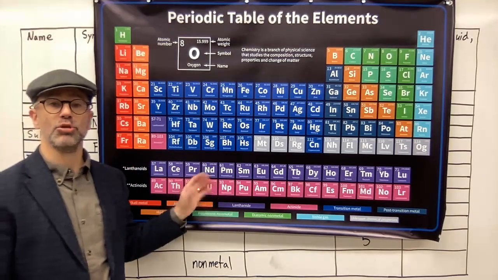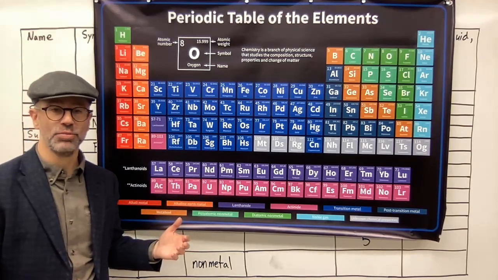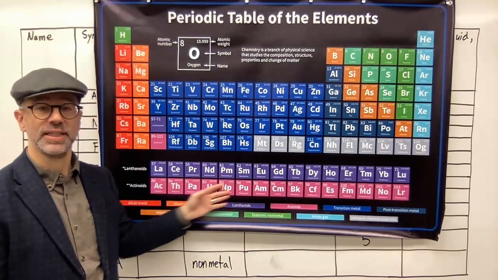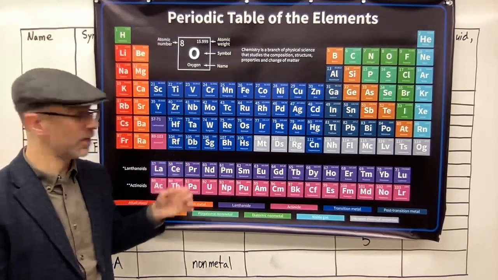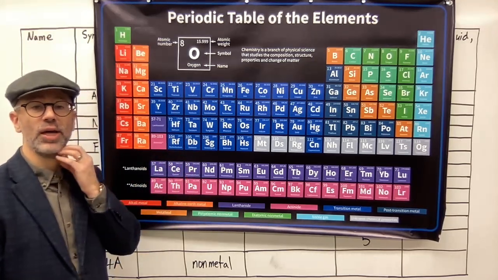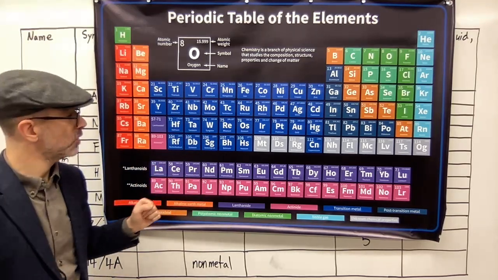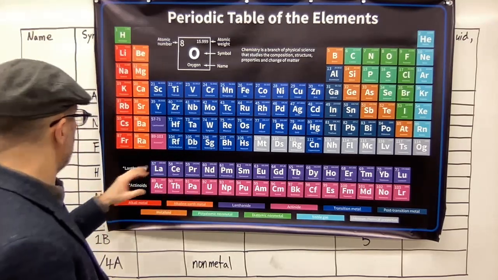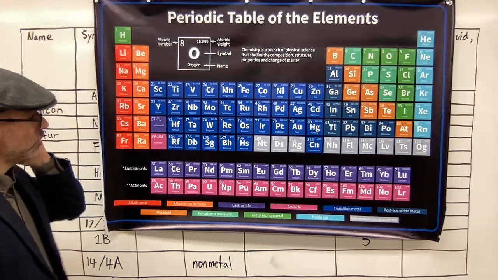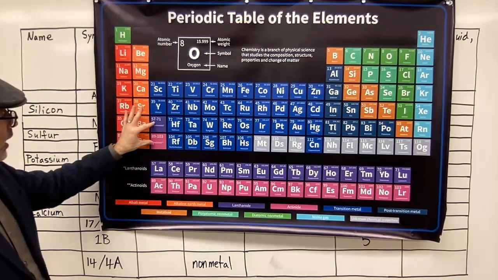Now, when it comes to group numbers, these do not have an assigned group number. So in the table, if it asks you for a group number of these, there's no group number. So no group numbers for those. These are going to be, again, period 6 and period 7, right here.